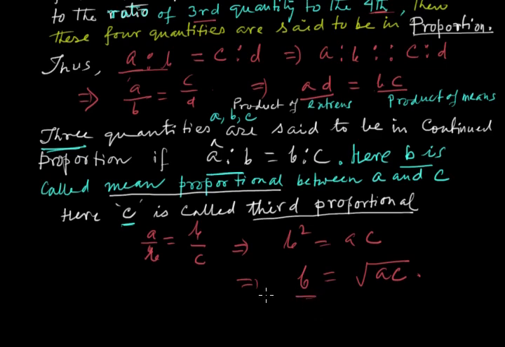And here B is the mean proportional to A and C.